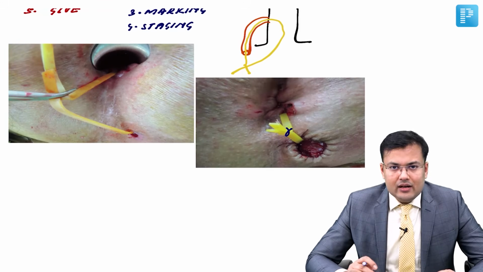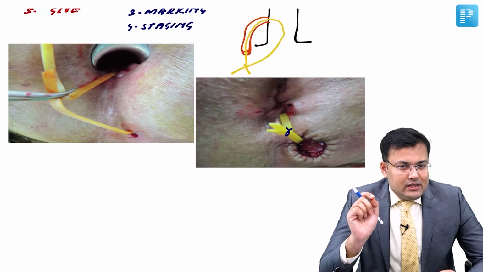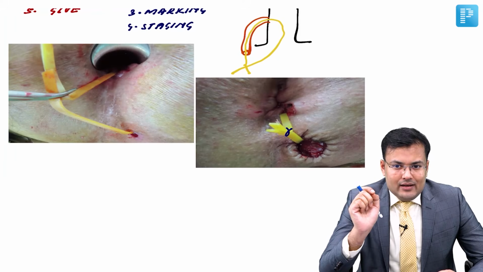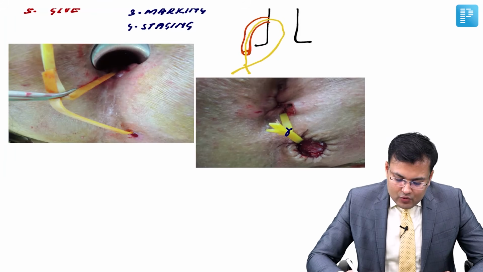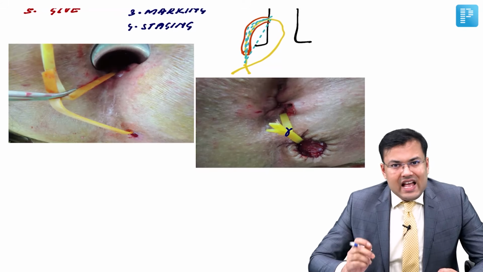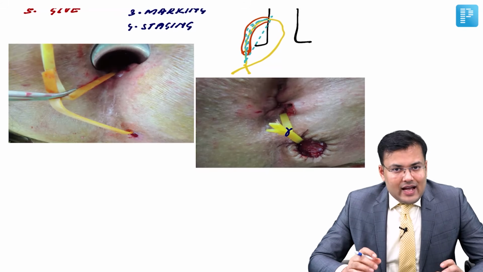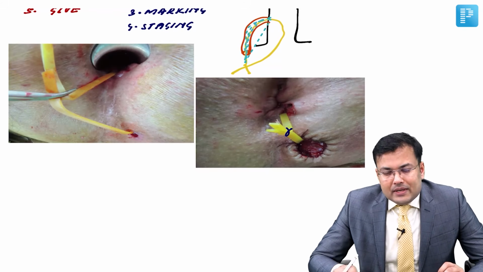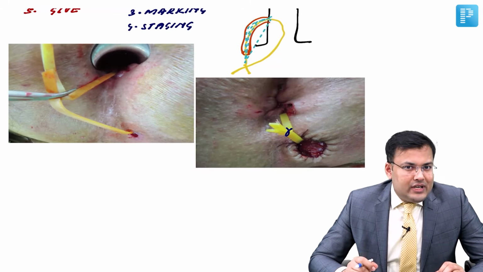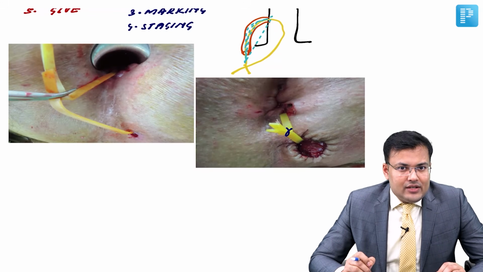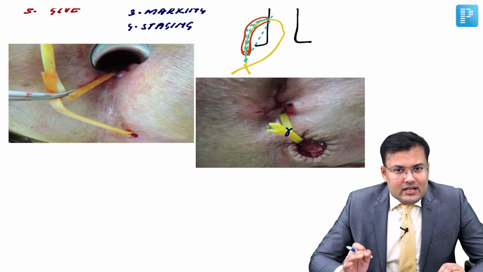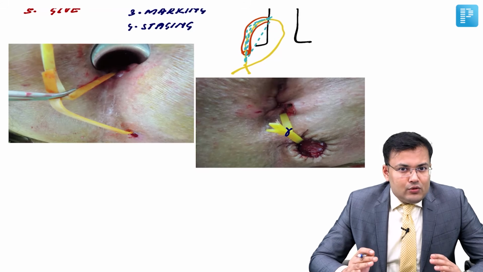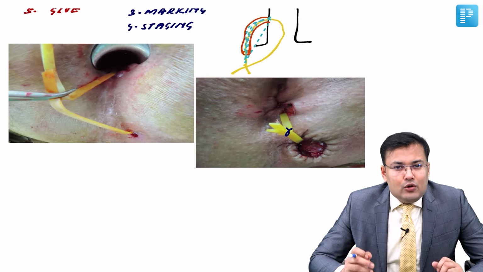Whenever this Seton is loosely applied, whatever pus collection is there comes out. So it acts as a drain. Whatever the infection is there, it is easy for the pus to be drained out. So it is also known as draining Seton. So non-cutting Seton or draining Seton is applied loosely.